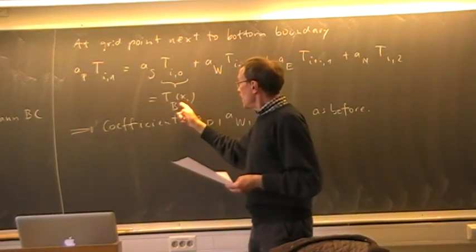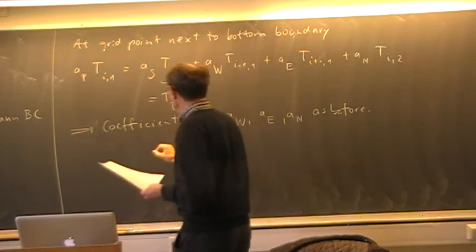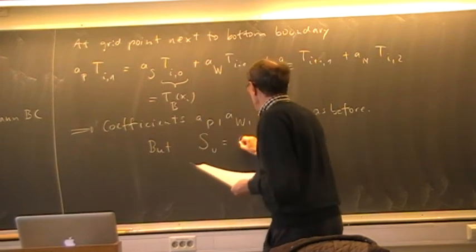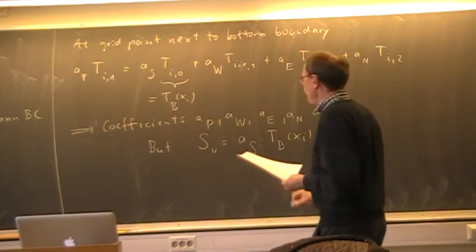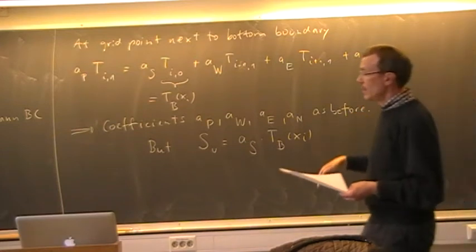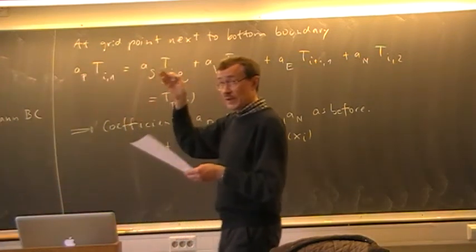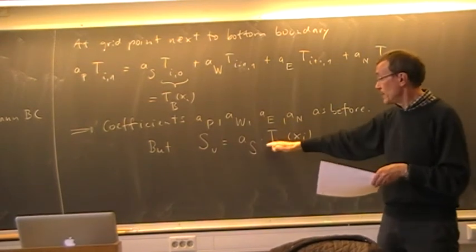But the AS times Tb of xi will now be a part of the source term. The Su now will be the AS times the Tb of xi. So if you think of the linear system, that will be on the right hand side. For all the points that are next to the boundary, there's a matrix times unknowns equal right-hand side. The right-hand side will not be 0, but it will have this contribution.